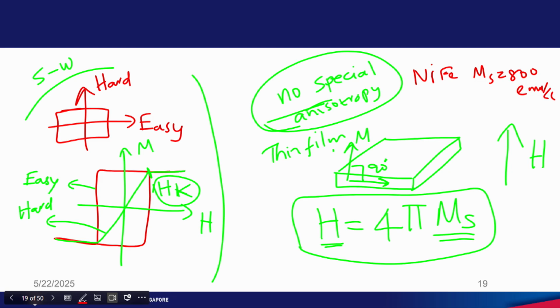Permalloy will have magnetization in the plane, and in the perpendicular direction the permalloy loop will saturate at this field, which is 4 pi times 800 emu per cc. So, that will be roughly around 10,000 Oersted.